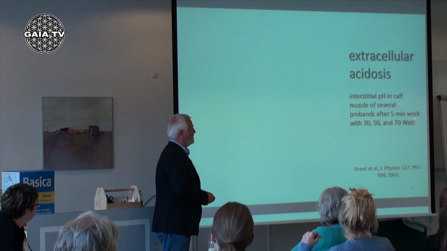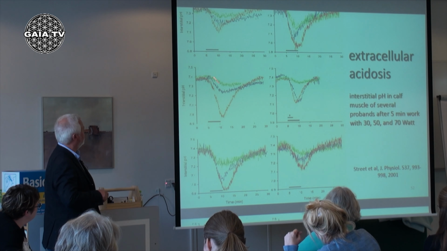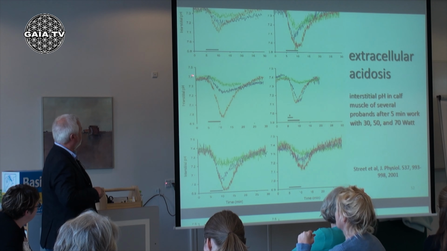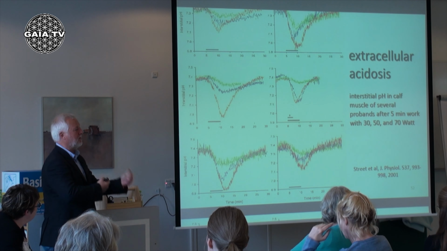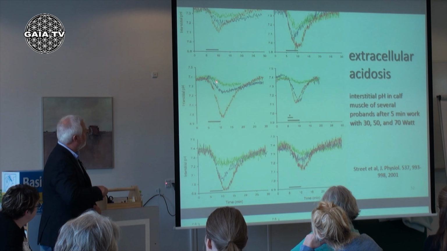This is the interstitial pH. These were 6 students. You see the pH in the beginning was 7.4, and just after 5 minutes on a bicycle, the pH with 70 watt goes down significantly, below 7.0.